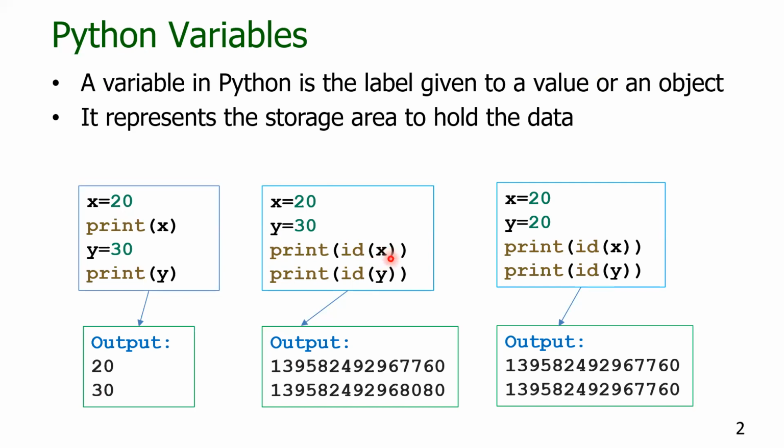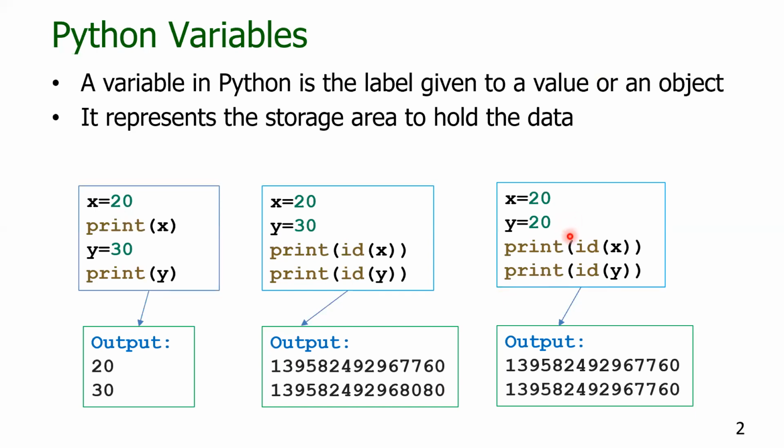That means this statement is going to print the identifier of the variable x, which is nothing but the memory location where the value of x is being stored. Since x and y are storing different values, which are 20 and 30, the memory locations, if we observe, are different.